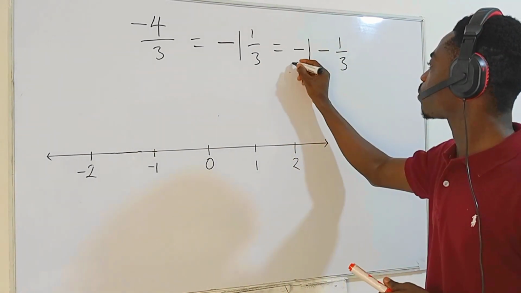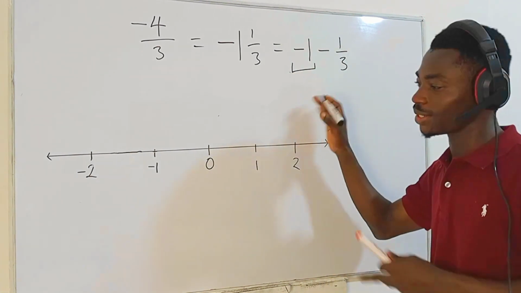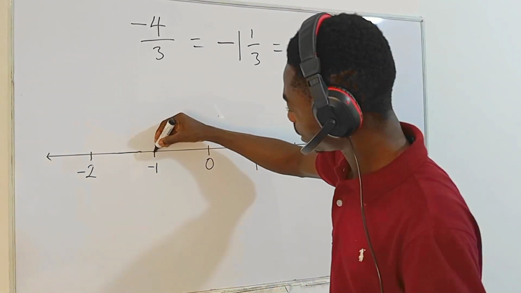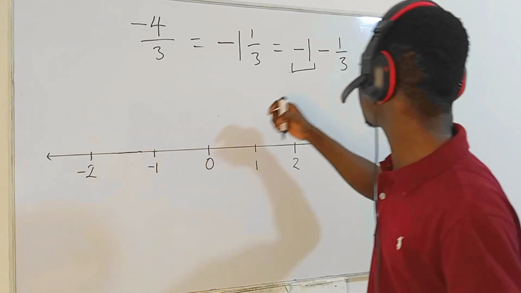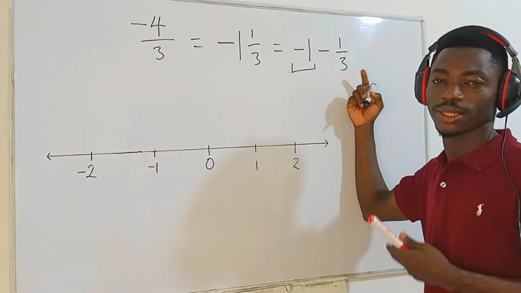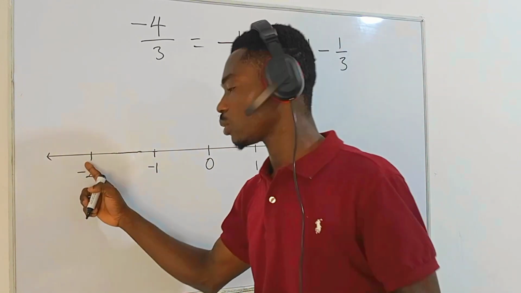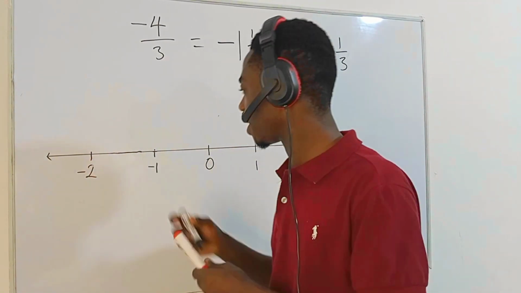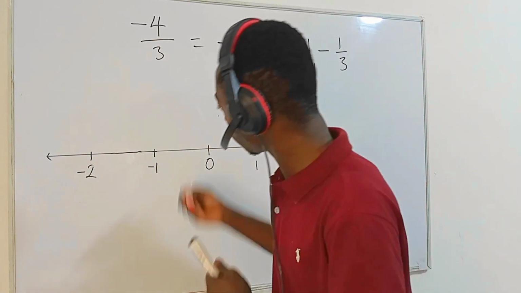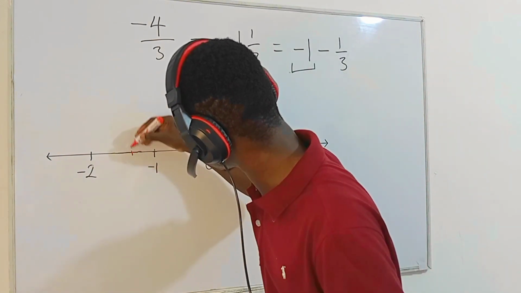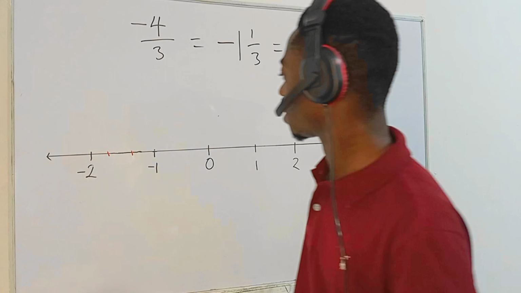And first of all, we have to locate this negative 1 on the number line, which is this point right here. Then plus minus 1/3, meaning from this interval negative 1 to negative 2, we have to divide it into three equal parts, which is going to be this and that. There we go.